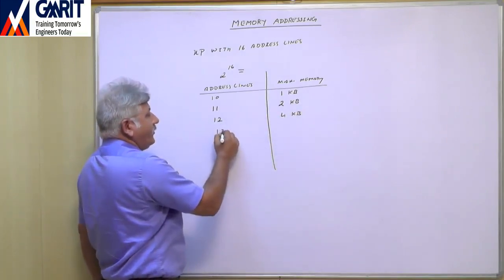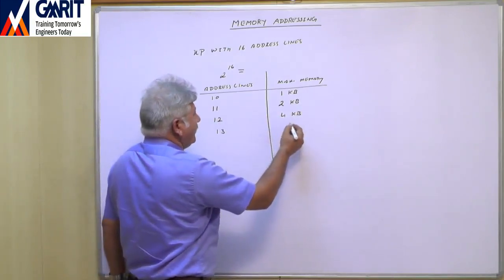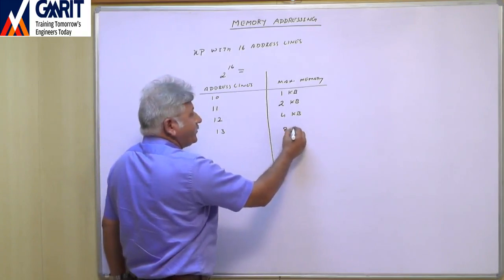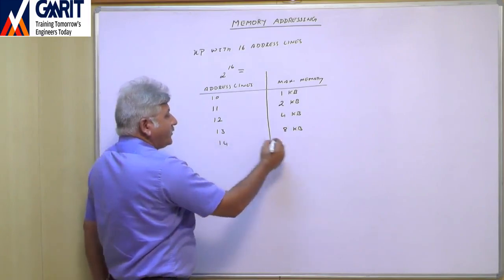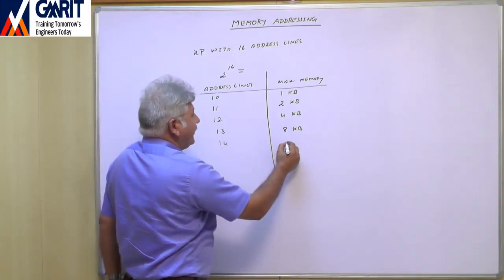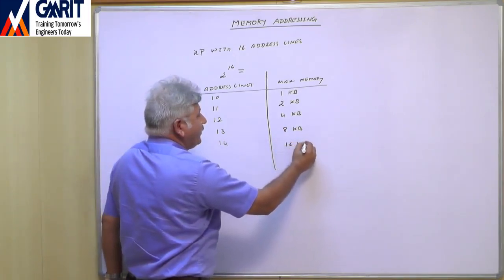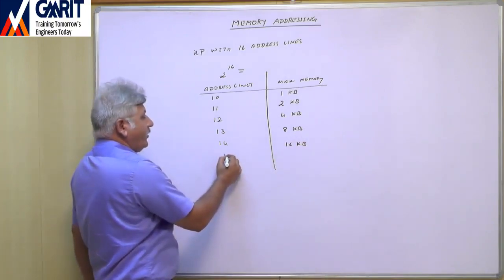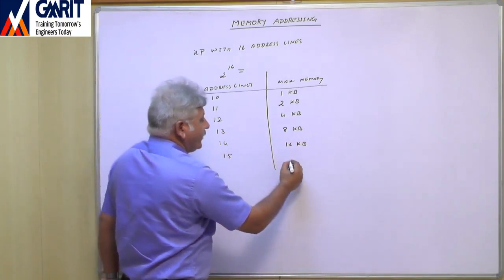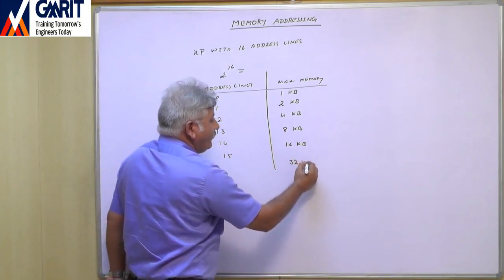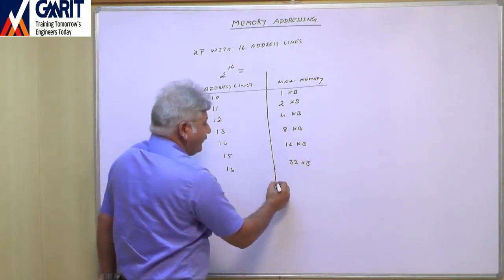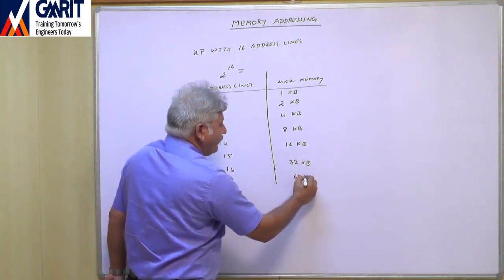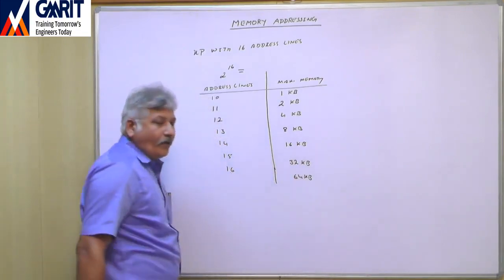If 13 address lines are there, then we can connect maximum 8 KB memory. If 14 address lines, then we can connect 16 KB memory. If there are 15 address lines, then we can connect 32 KB memory. And if there are 16 address lines, then we can connect 64 KB memory.